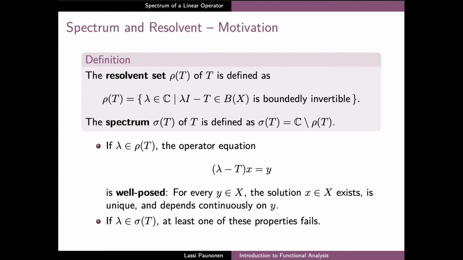In addition, the solution depends continuously on the vector y, meaning that a small change in y will create a relatively small change in the solution x. And such equations are called well-posed.